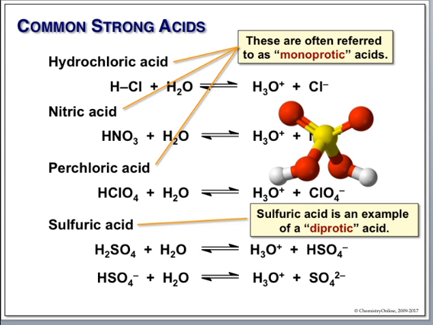All right, let's struggle through a little bit more nomenclature here. When we have things that are ionizing, Bronsted acids, Bronsted bases, whatever, we use a set of terms to describe these. These are going to be conjugate acid-base pairs.